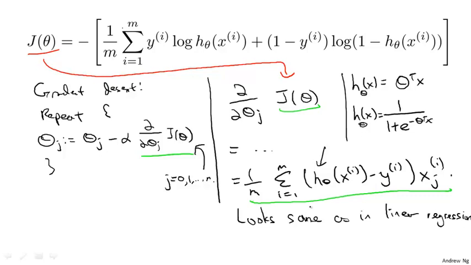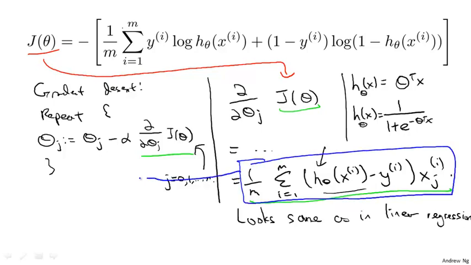So just because the derivative formula looks the same, it doesn't mean the algorithms are the same, because the definition of h of x in this equation is different. And therefore, to get gradient descent for logistic regression, you take this formula and plug it inside there, and that's gradient descent.